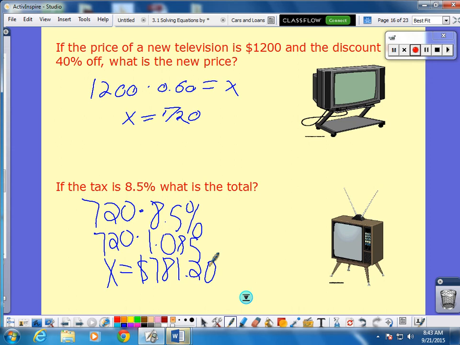You guys get $781.20. Good job. Any questions?